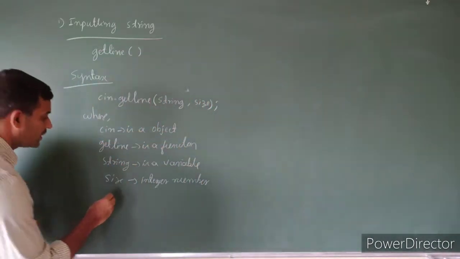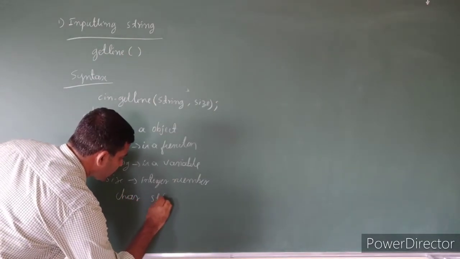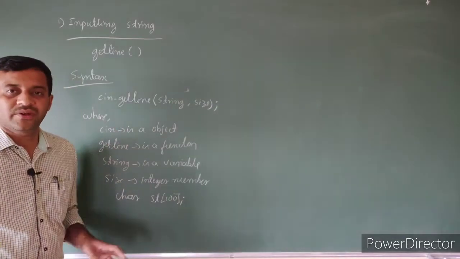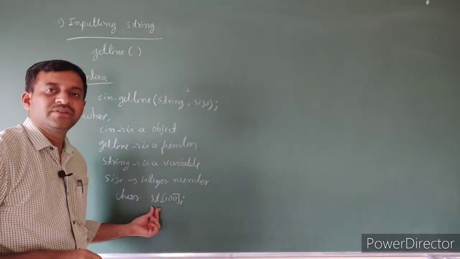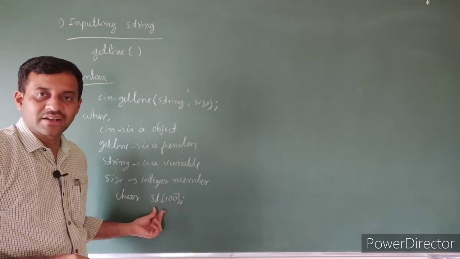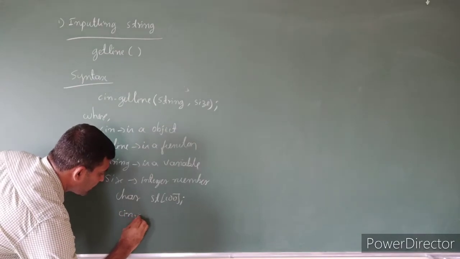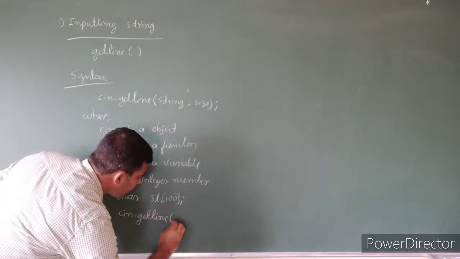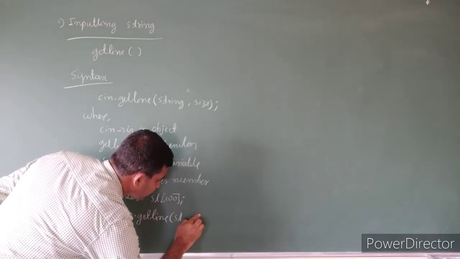See the example. First we declare a character array, char st[100]. To read a string for the declared character array, we use the statement cin.getline(st, 100).